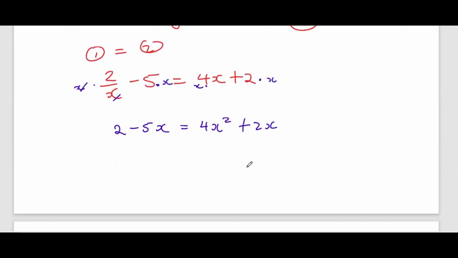And let's create a standard equation, okay? So that's going to be 4x squared. When this one comes that side, it's going to be 7x minus 2 is equal to 0. Use your quadratic formula or basically your factors so that we can get the values of x.